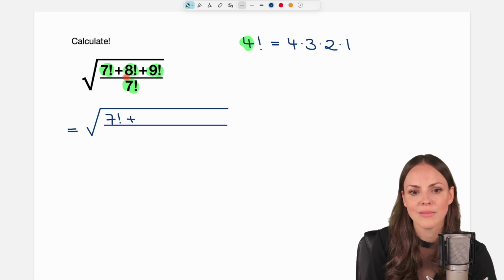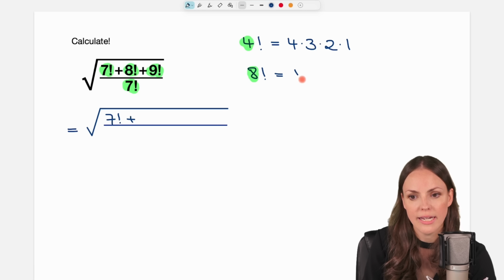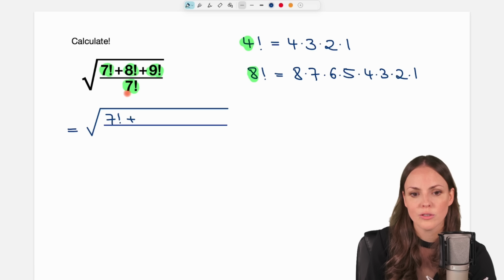Let's take the 8 factorial and see what we get. We start with the 8, and we multiply it by the next smaller number and so on until we get down to 1. Now the question is, is 7 factorial in here?